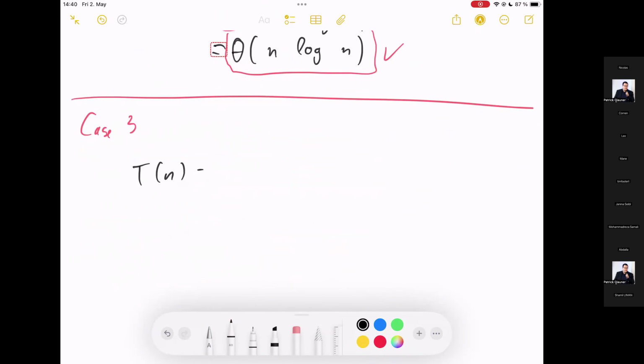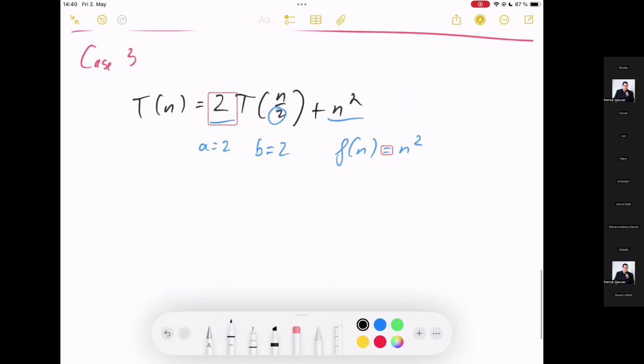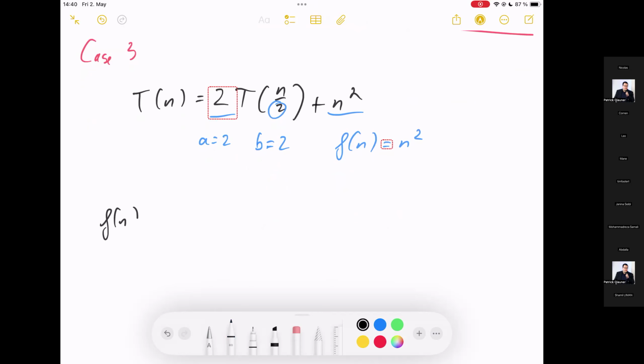It's t of n is 2 times t of n half plus n squared. So a is 2, b is 2, and f of n is n squared. And we see that f of n is omega of n to the power of c, where c is 2. So n squared is a lower boundary of n squared.